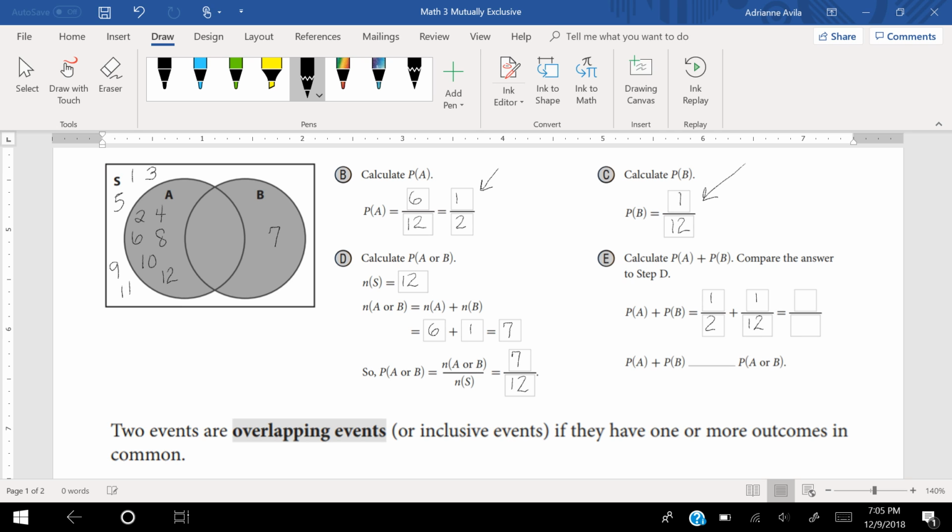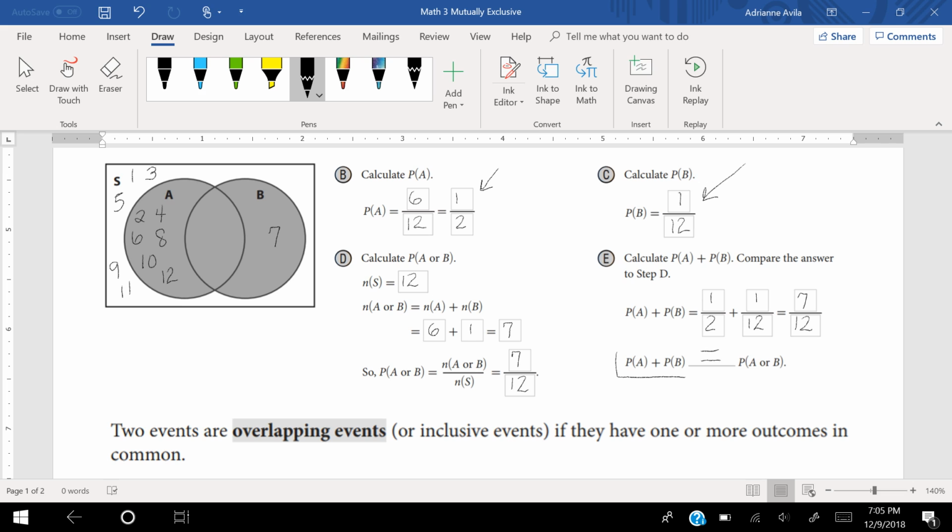If I get a common denominator and add those two together, I get 7/12 as my probability of event A or B. So the probability of A plus the probability of B is equal to the probability of A or B. And these are the two options you have for calculating with mutually exclusive events.